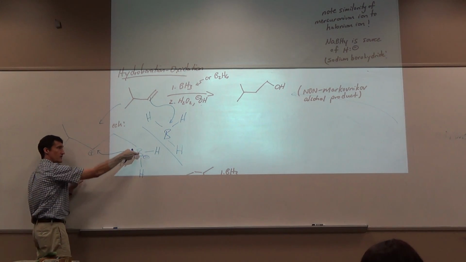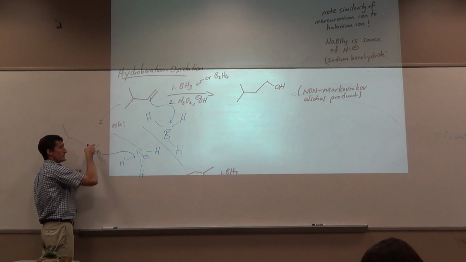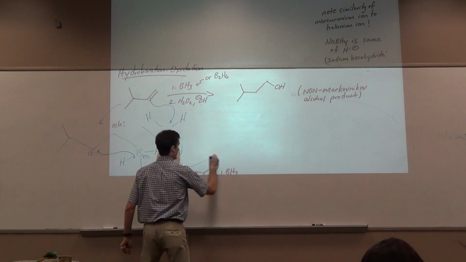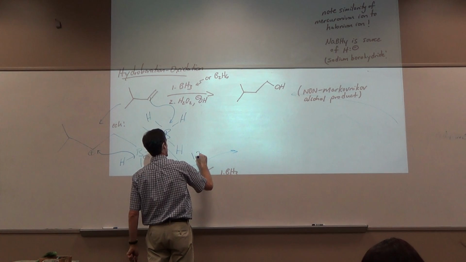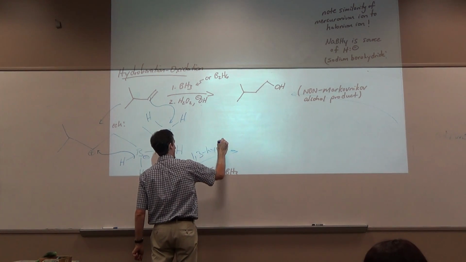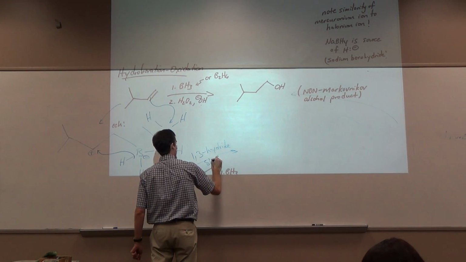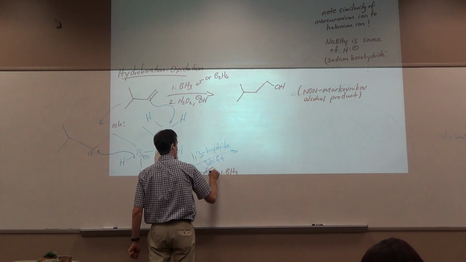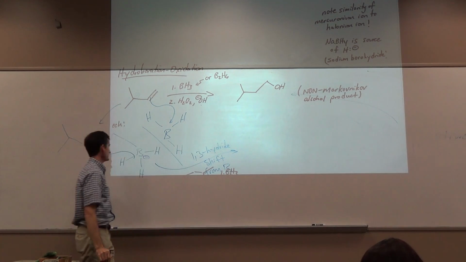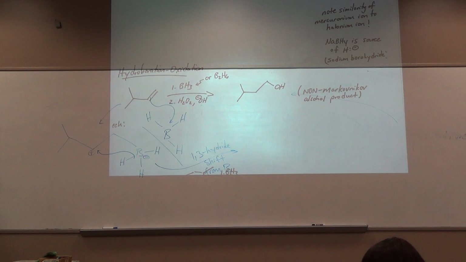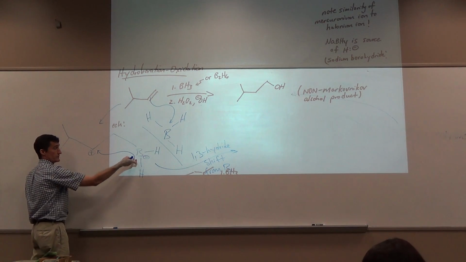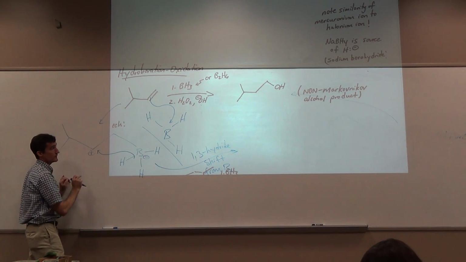Now this, if that's atom 1, that's 1, 2, 3. What do you want to call this? A 1,3 hydride shift from the boron. Remember, before we did a 1,2. These 2 electrons break away, over here, what do we get?